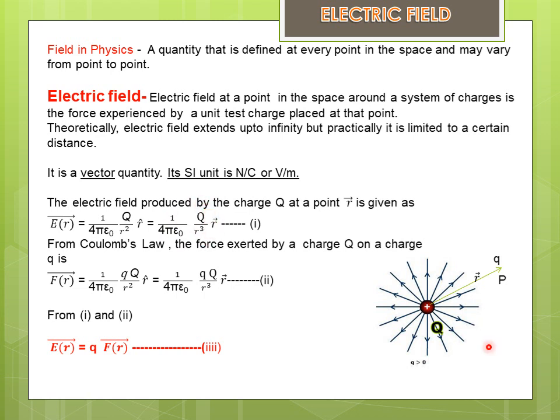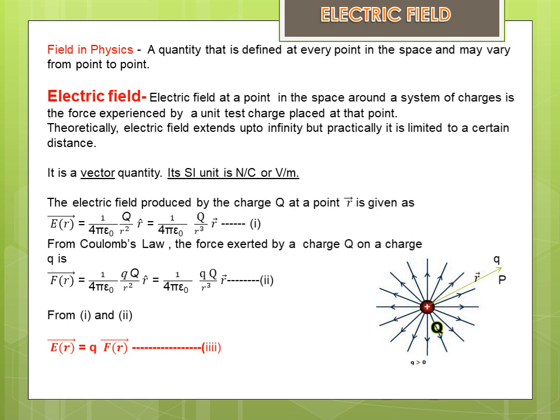Now employ here Coulomb's law. That is, the force exerted by this charge Q on a charge q is F equal to 1 by 4 pi epsilon naught, product of these two charges by R square, direction from origin to P.